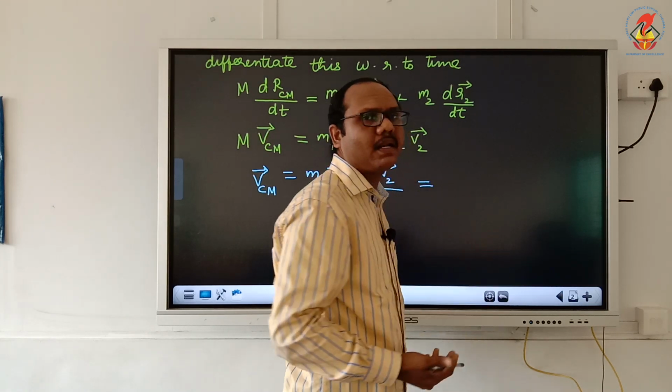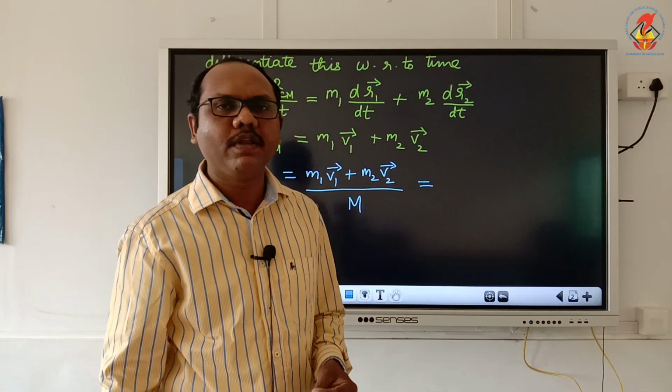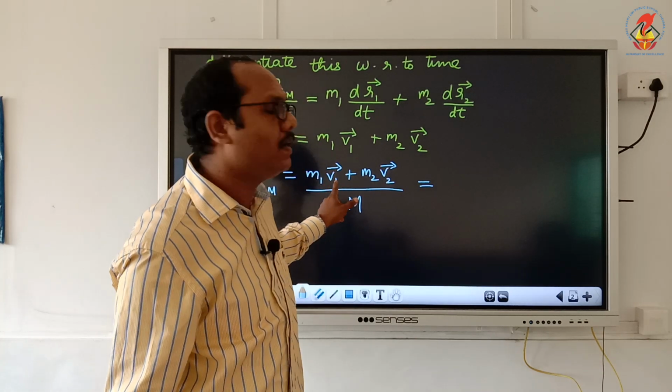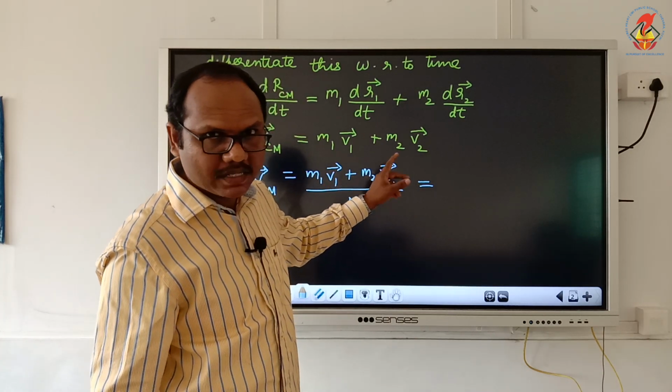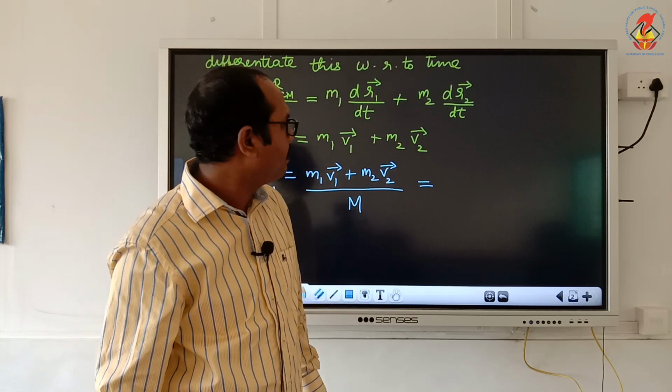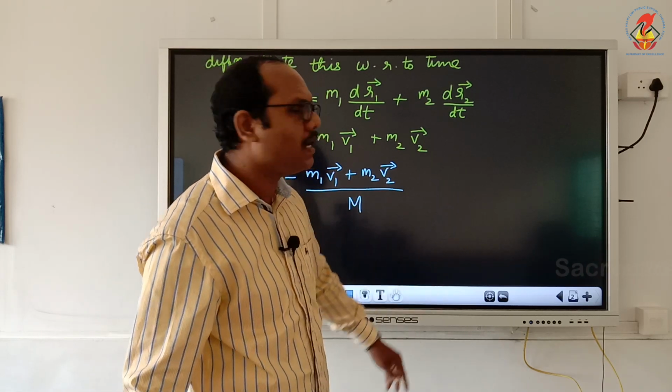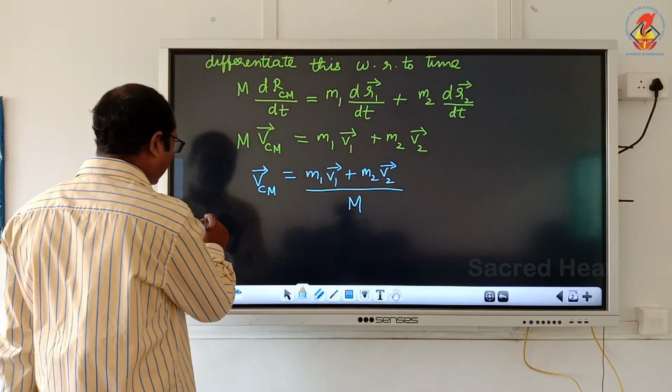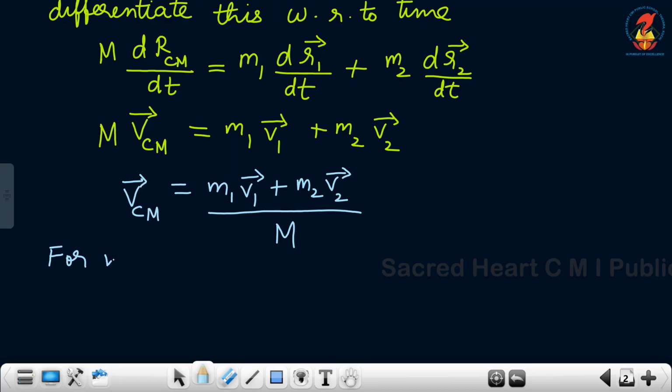If it is an n particle system, what will you do? m1 v1 plus m2 v2 plus m3 v3 and so on up to mn vn, divided by m1 plus m2 plus m3 and so on up to mn. So, I will be writing that also for the n particle system.